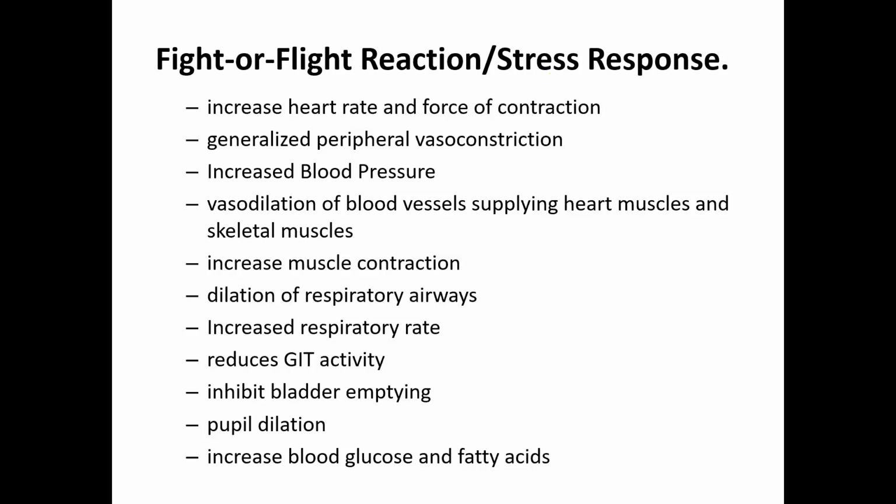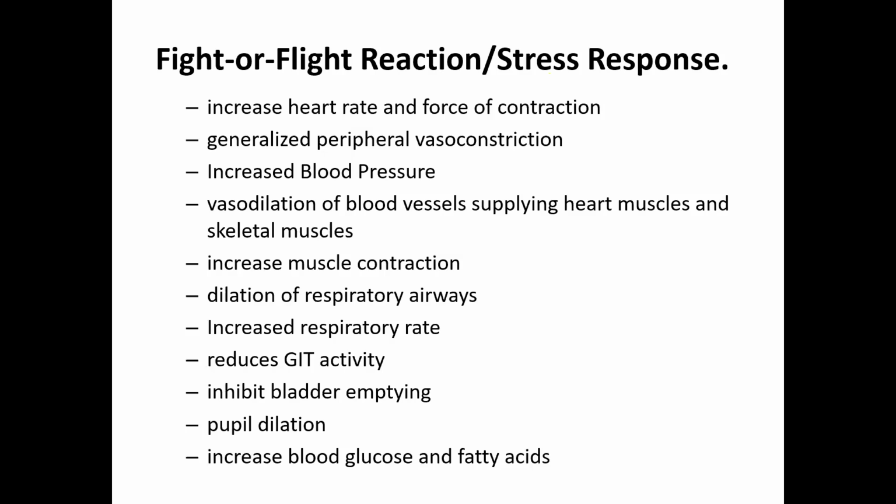So these blood vessels which are providing nutrition to your heart muscles will undergo vasodilation, plus those blood vessels which are bringing nutrition for your skeletal muscles will also undergo vasodilation. Rest of all the blood vessels, for example, those supplying your kidneys, your liver, your stomach, digestive system, and your skin, will undergo constriction.